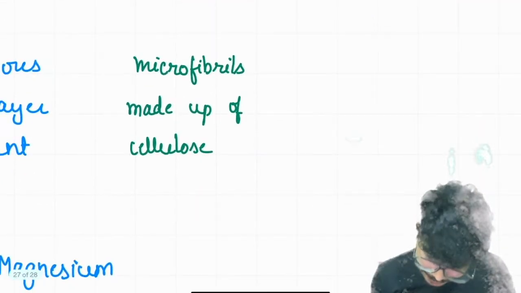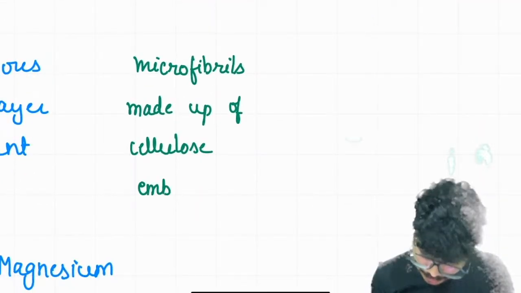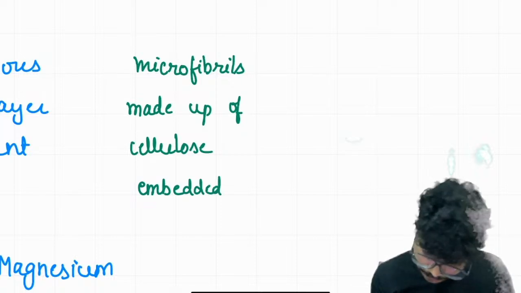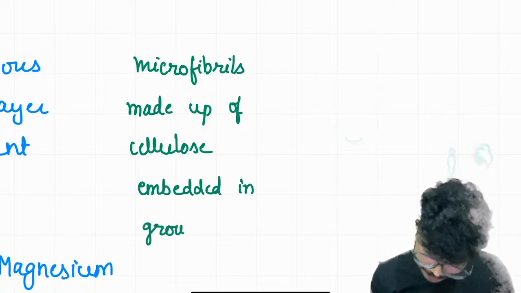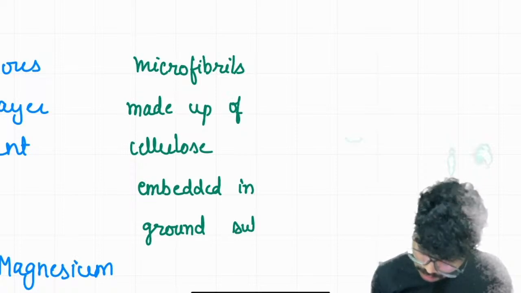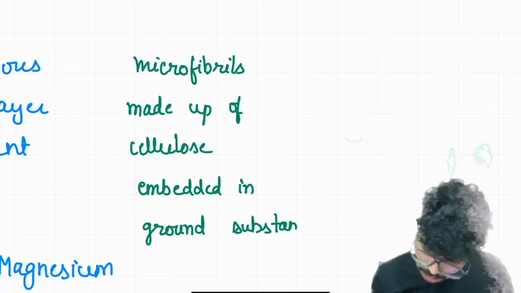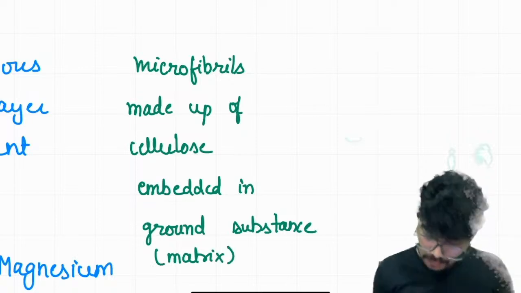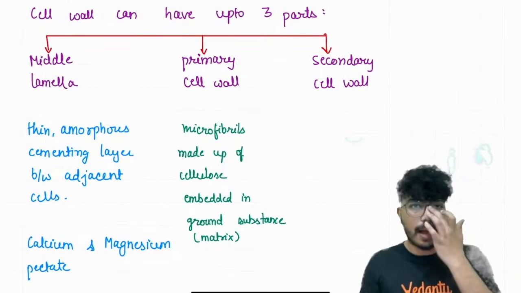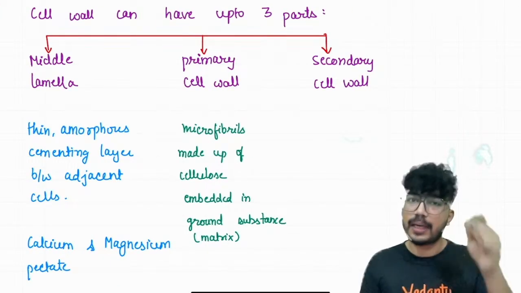So in the primary cell wall you have the microfibrils made up of cellulose, embedded in the ground substance, that is the matrix.